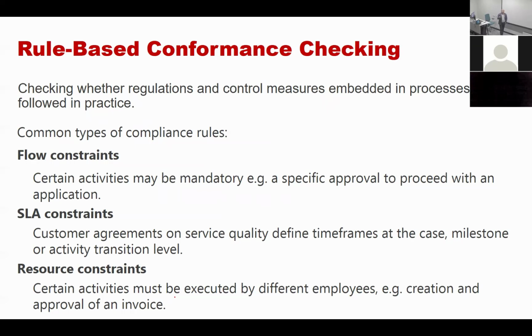We also call them constraints, because they are rules that put some constraints in terms of how your process can be executed. And there are typically three types. This is not a complete classification, but a very typical one. Flow constraints tell you that tasks should occur in a certain expected order.